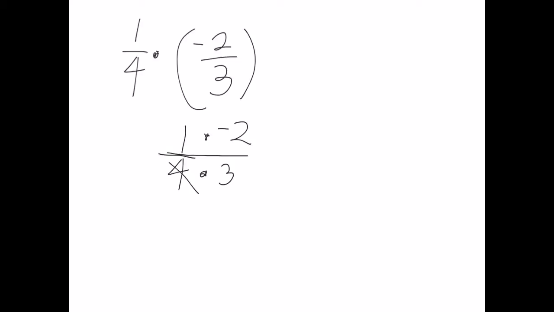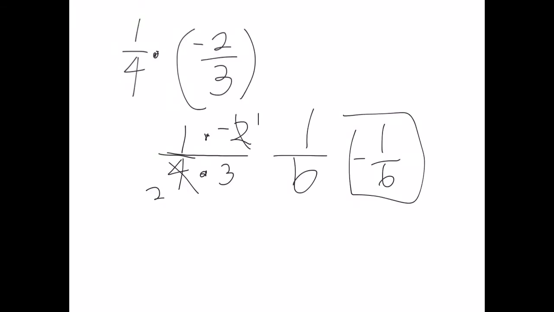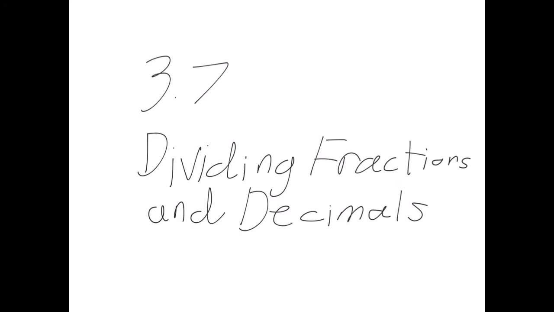So, 4 becomes 2, 2 becomes 1. So 1 times 1 is 1, and 2 times 3 is 6. So it's 1 over 3, and then it's a negative, so it's negative 1 over 6.